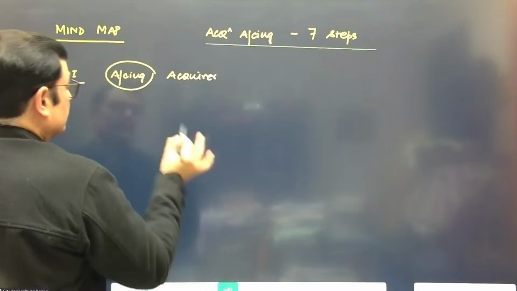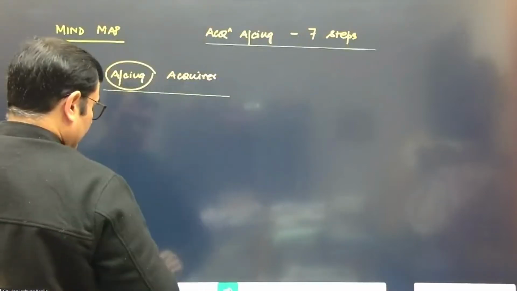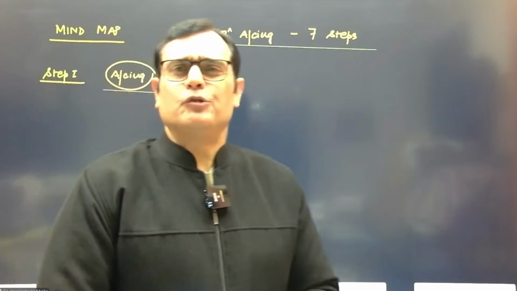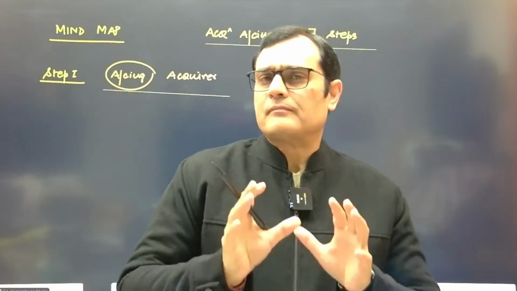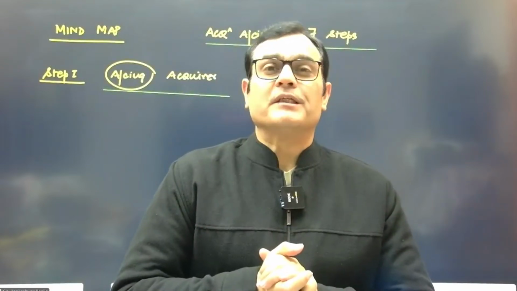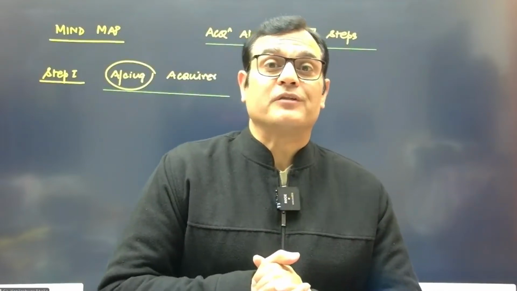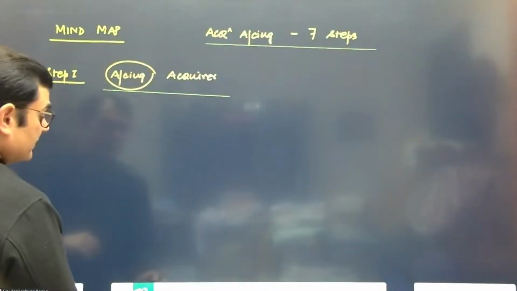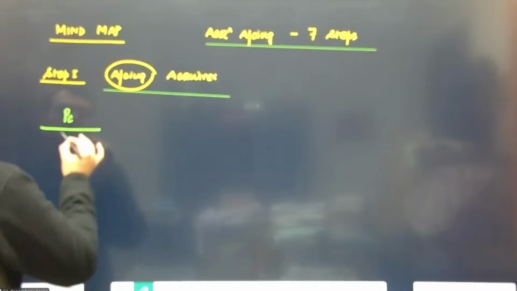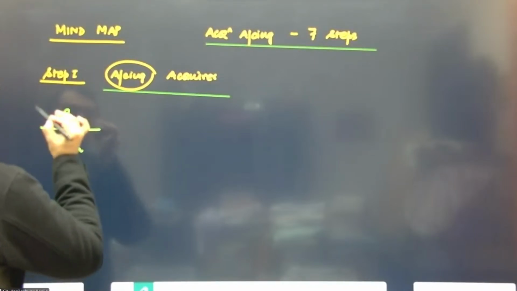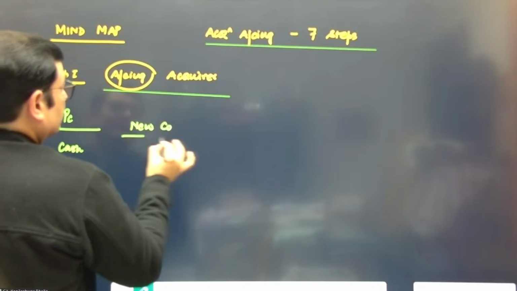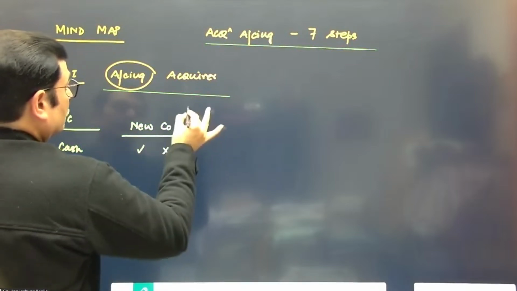Now, when you focus on identifying who is the accounting acquirer, I gave you some key inputs. When the consideration is primarily in cash, it doesn't make a difference whether a new company is created or not. So if your purchase consideration is primarily in cash, it doesn't make a difference whether a new company is created or not.